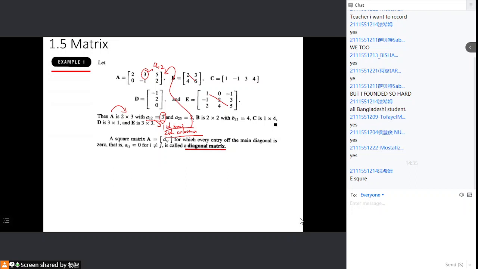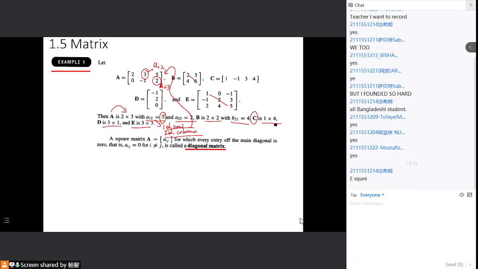And A23 is 2. This is A23. And B is a square matrix, and B21 is 4. So C is 1 by 4, and the shape of D is 3 by 1.